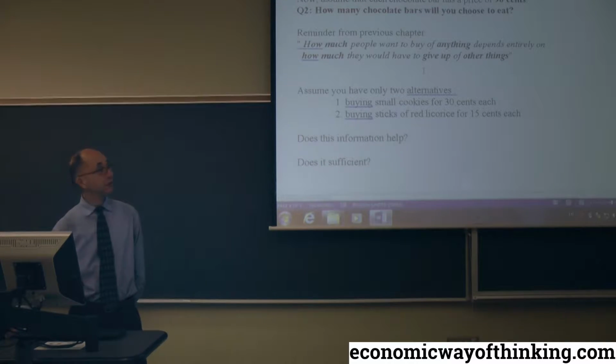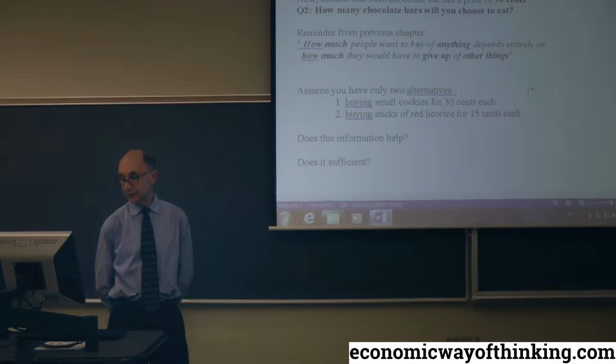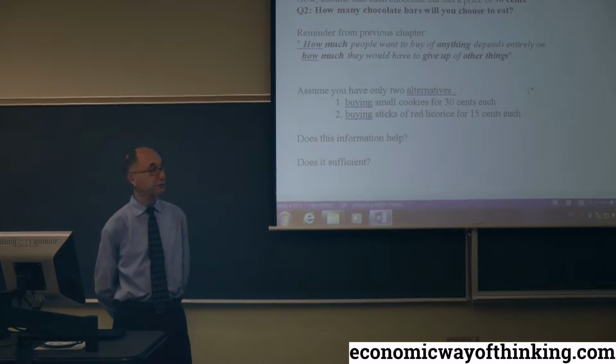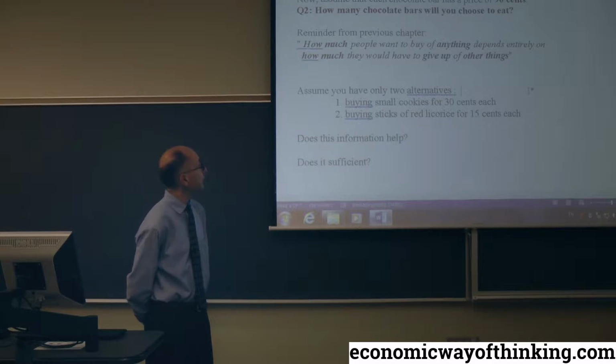Assume we have only 2 alternatives. We could buy small cookies for 30 cents each, or we could buy sticks of red licorice for 15 cents each. So now we're asking, does this information help?